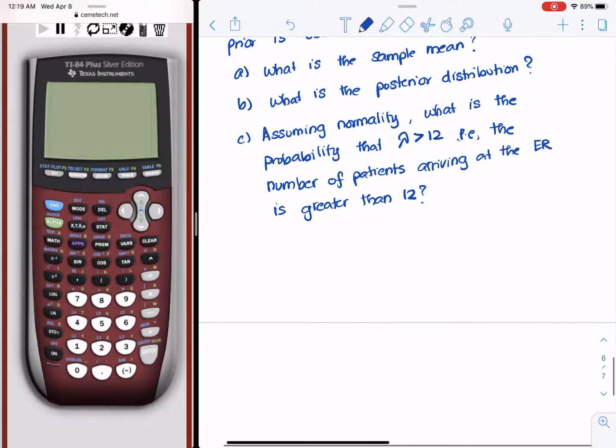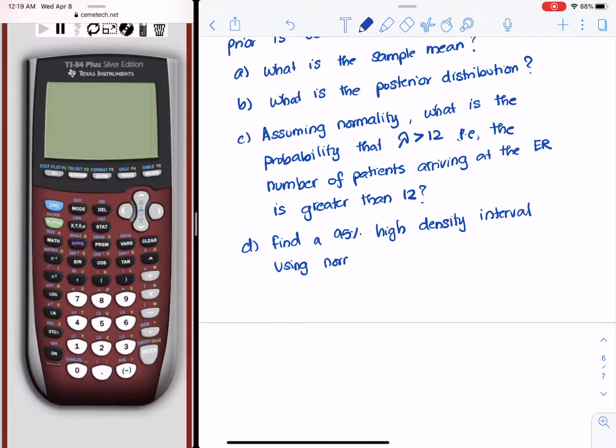And we'll also find a 95% confidence interval or high density interval for lambda. That is our parameter.